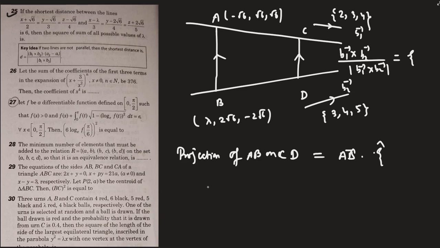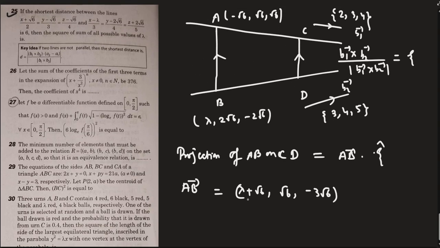Now first of all you have to find the AB vector. So B vector minus A vector: lambda minus of minus root 6, it is lambda plus root 6. 2 root 6 minus root 6, only root 6. Minus 2 root 6 minus root 6, minus 3 root 6. So we have calculated this one. Your next task is to find the cross product.